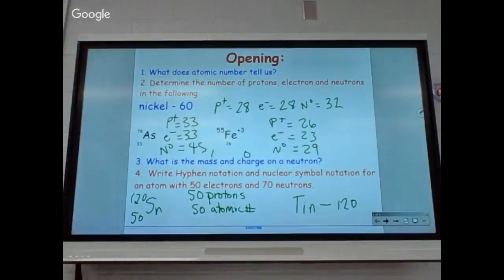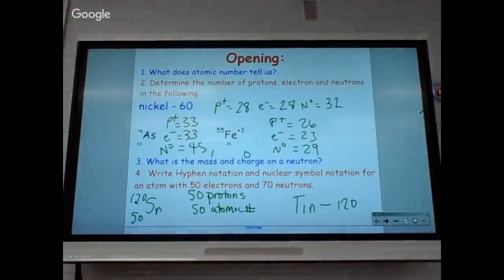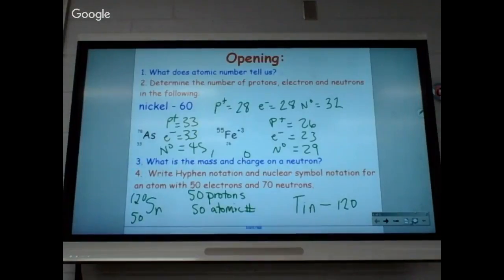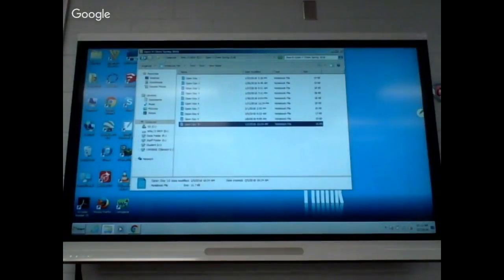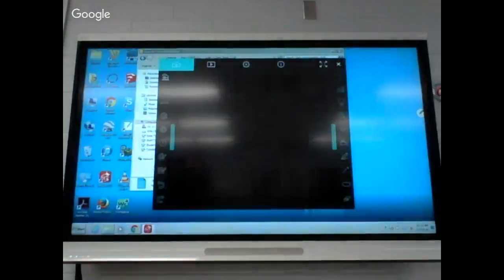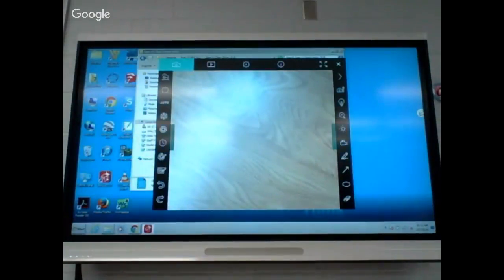Because it's much easier for us to check the charts if you just read the answers as opposed to me calling out all these answers.